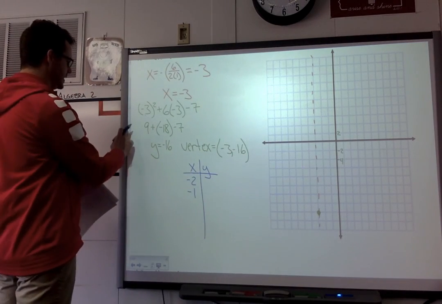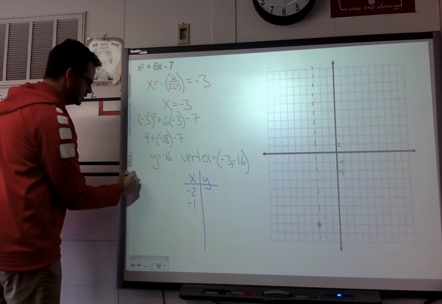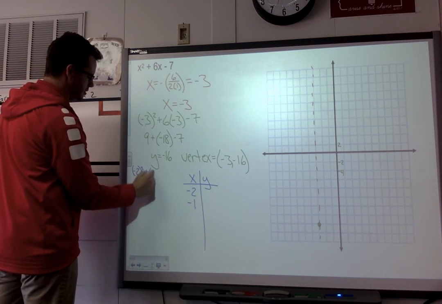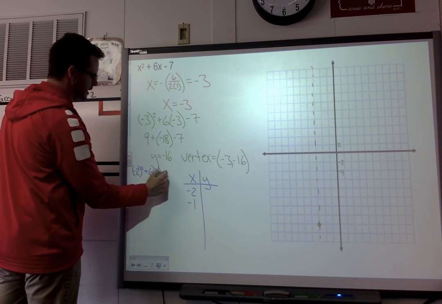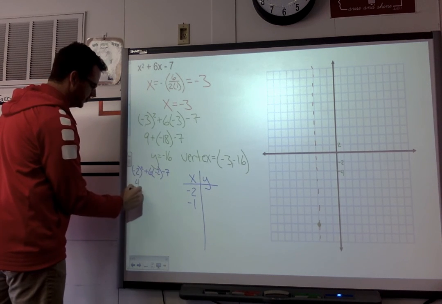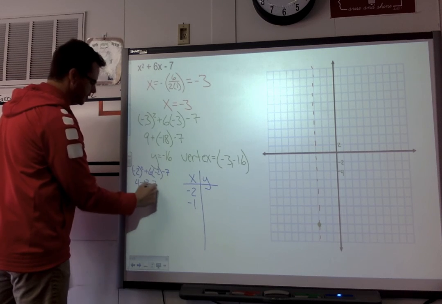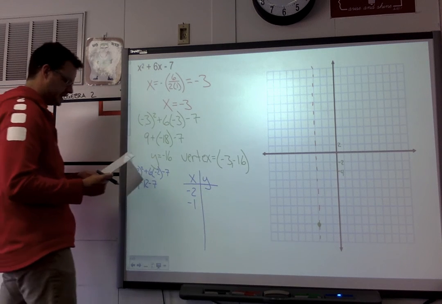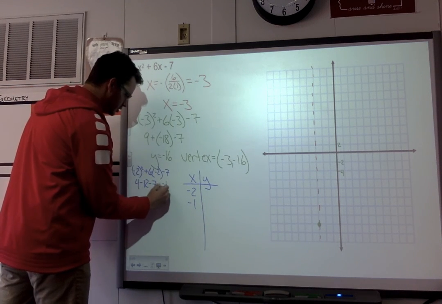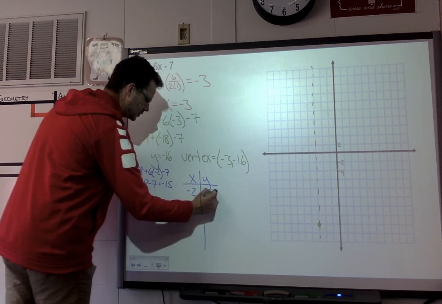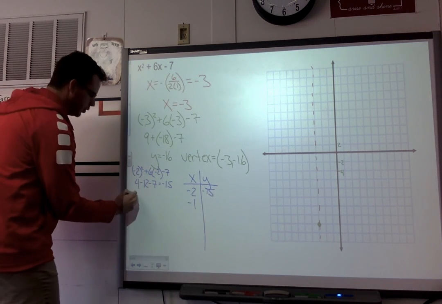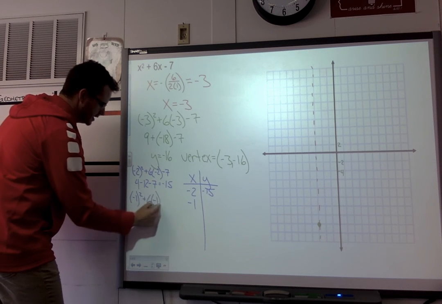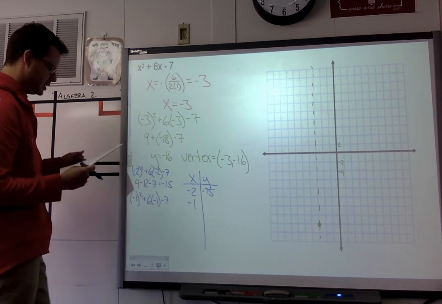So if I plug in negative 2 into my original equation, negative 2 squared plus 6 times negative 2 minus 7 will give me 4 minus 12 minus 7, which is negative 8 minus 7, negative 15. Then I'm going to have negative 1, so negative 1 squared plus 6 times negative 1 minus 7.